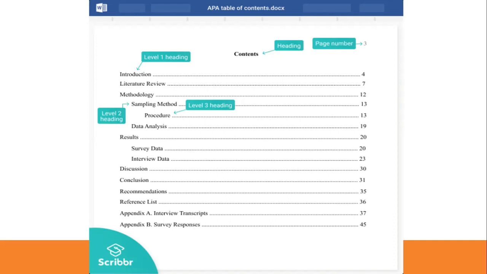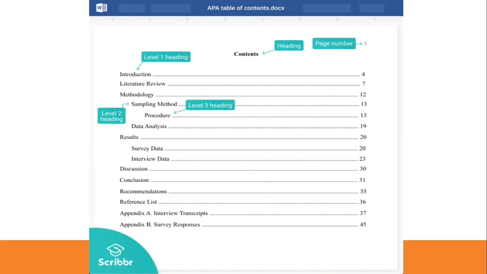So please check with your instructor or academic supervisor to find out what the expectations are for your table of contents. And then you can use the automatic table of content function in Word to create the list from the headings in your document, okay?